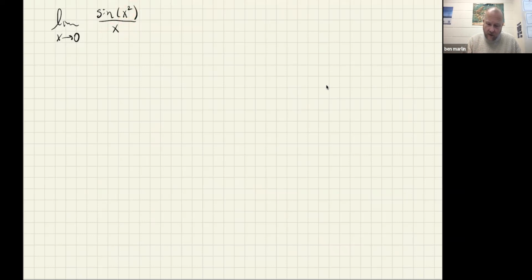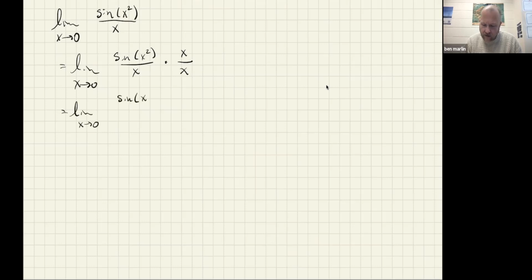But what we'll have to do for this is instead take our sine of x squared over x, and we're going to multiply on the top and the bottom by an x. The reason that we do that is that now we will have the sine of x squared divided by x squared, and we know that x squared is going to 0.